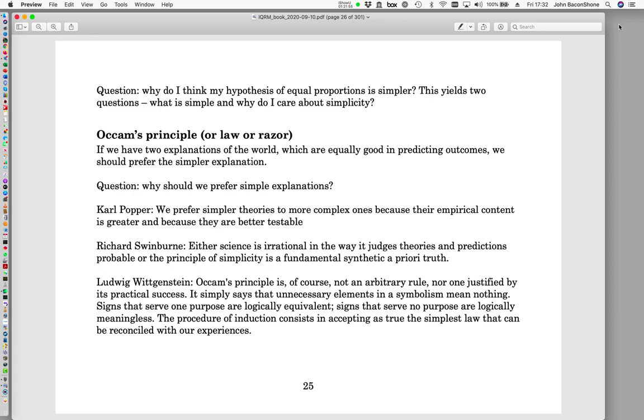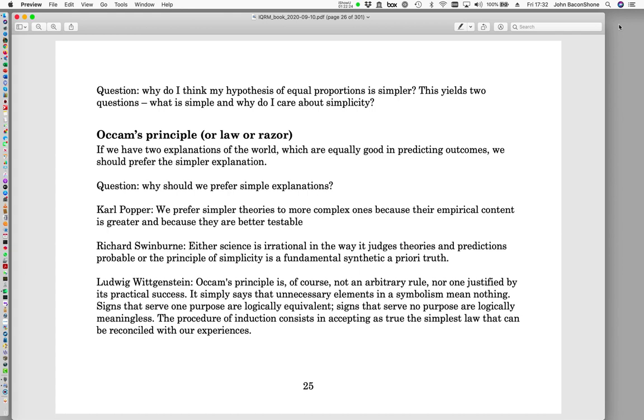So their empirical content is greater, meaning we rely less on the theory and more on what the data is telling us. Why are they better testable? Well, because the simpler the theory is, the more easily we should be able to disprove it, right? So, okay, that sort of explains it, although it's maybe not that obvious.